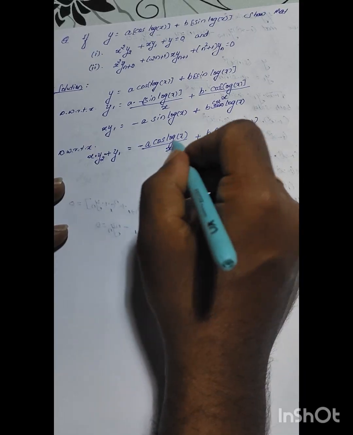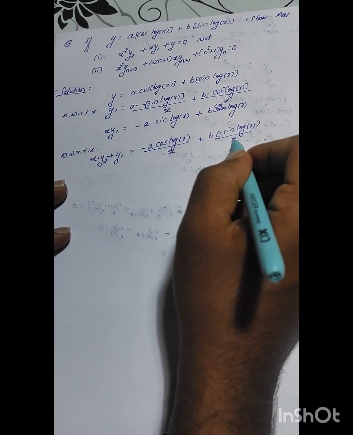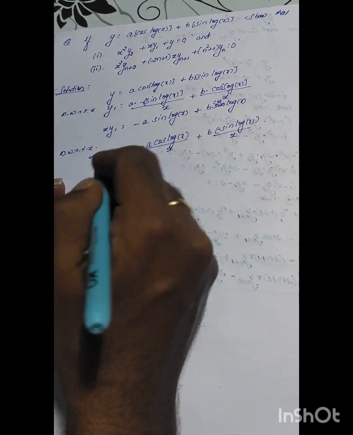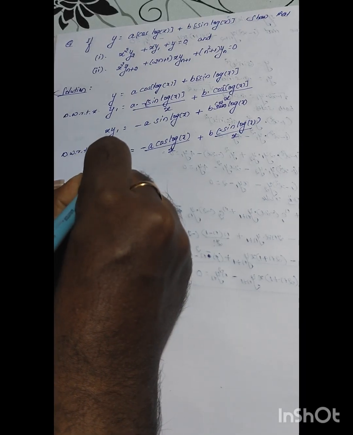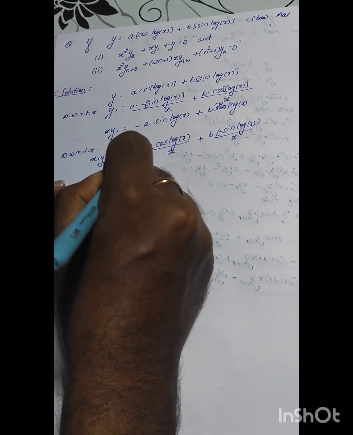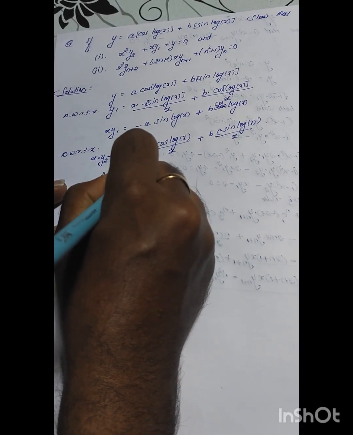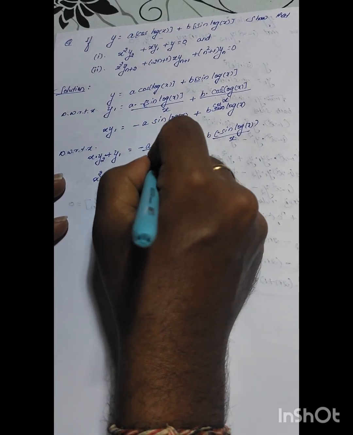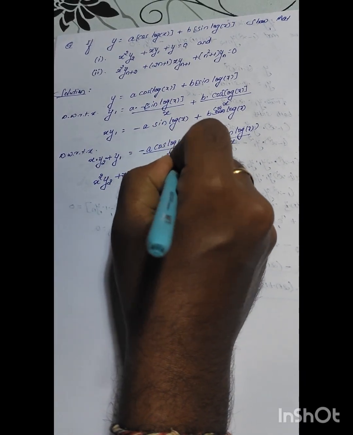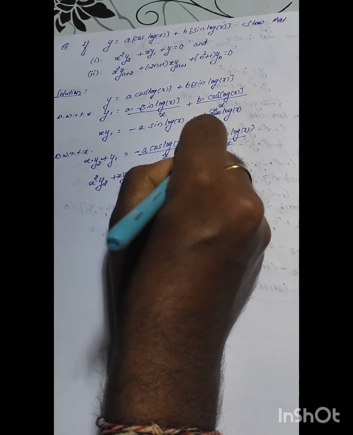So again x is there in the denominator in both the terms, so I will take the x common outside and I will multiply here. So that will become x square y2 plus xy1 will be equal to minus a cos log x minus b sin log x.